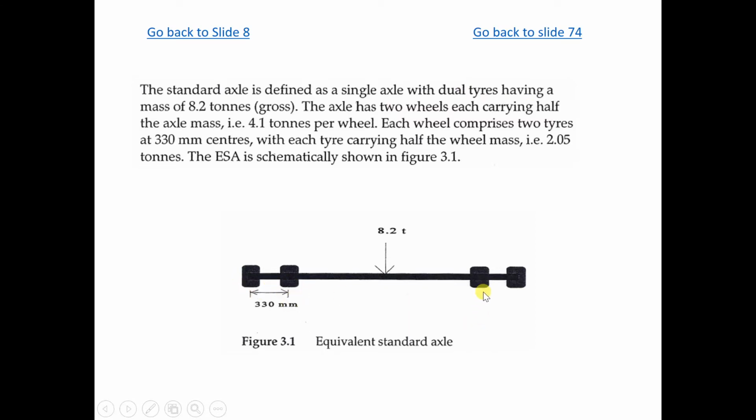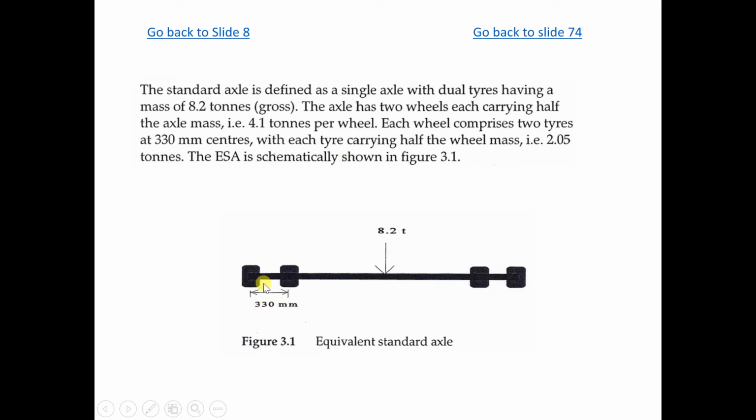two tires on both sides. So this one is dual tires, and a mass of 8.2 tons. The loading on this axle will have a total mass of 8.2 tons, and each wheel will divide by 4, so each tire will get 2.05 tons.